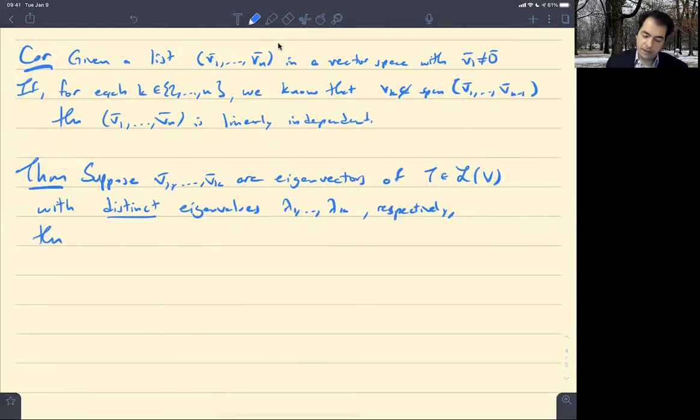Then the set v1 through vk is linearly independent.